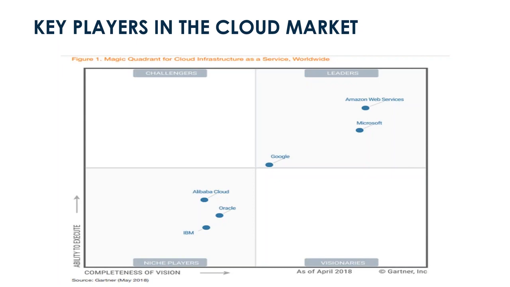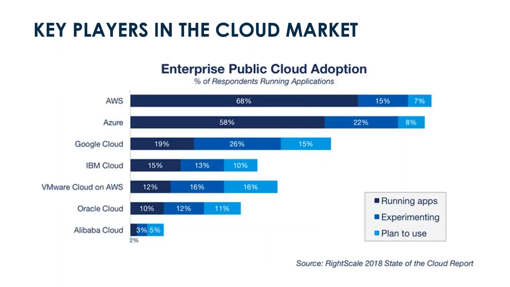I don't want to spend too much time on this because our intention is not to look at these players in the cloud market, but to focus more on the security, risks and threats, especially what's happening in each of these key players in the public cloud adoption market.